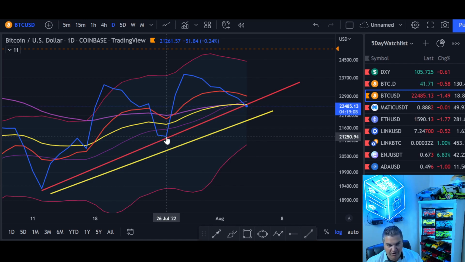As long as we remain above 21,250 on this line closing chart on the daily, then we technically could still continue this. But why would you even look at this then if that's the important level? I'm glad you asked. It can give you a little bit of a heads up on beating some of the rest of the market on a potential reversal of this trend that we're in, right?